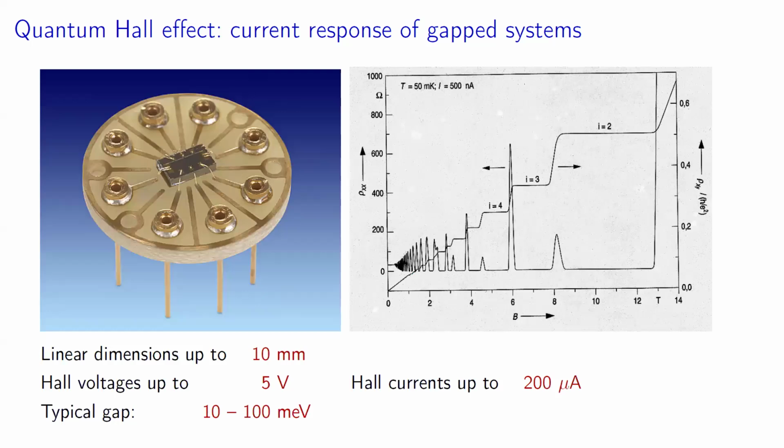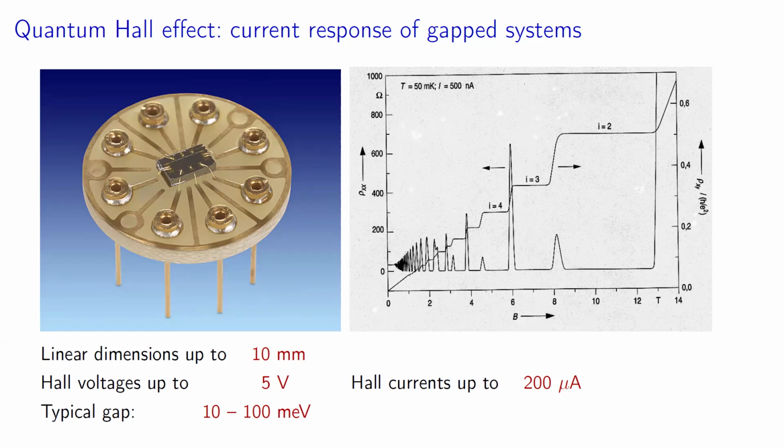So they are definitely not microscopic objects, but mesoscopic or even macroscopic. The Hall voltages you measure can go up to 5 volts. Again, it's not an extremely small voltage. And the Hall currents go up to 200 microampere. So also these are not extremely small currents.